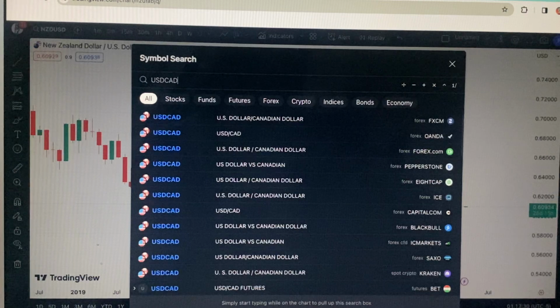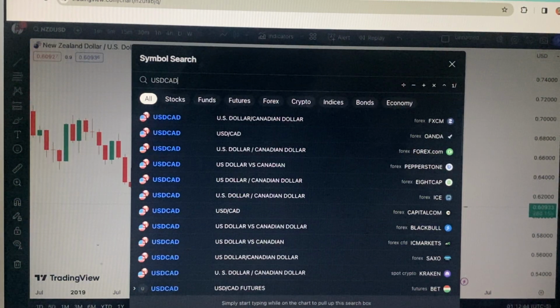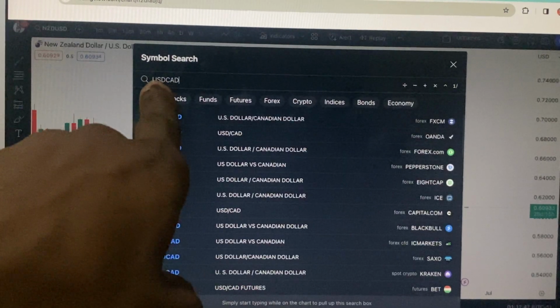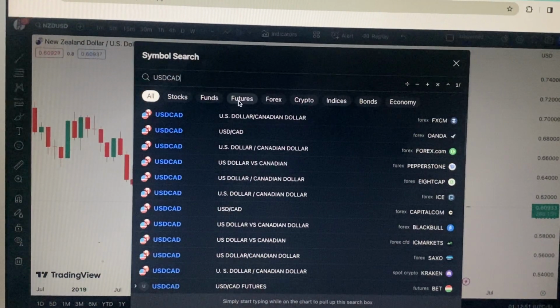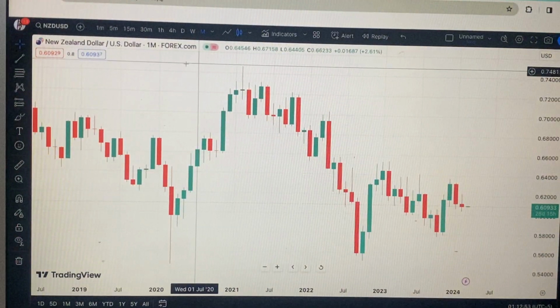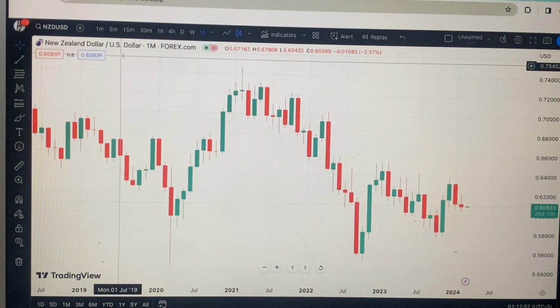They abbreviate these things for us so we don't have issues. Many times you see USD, and a lot of people don't know what USD is. USD means the US dollar, United States dollar. So if you want to trade US dollar against the Canadian dollar, you just key in USDCAD. But I want to show you New Zealand dollar against the US dollar.